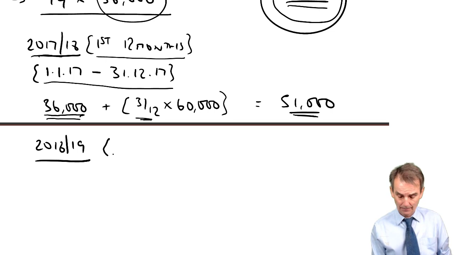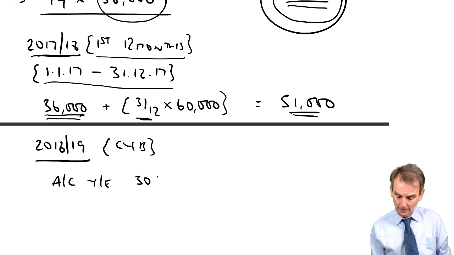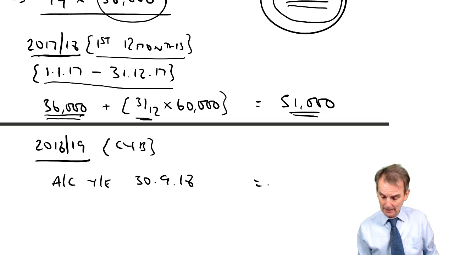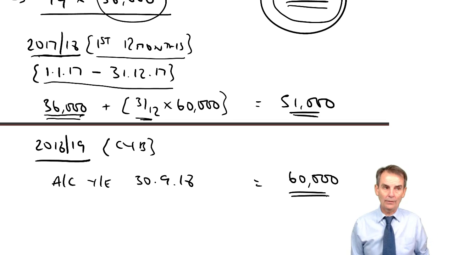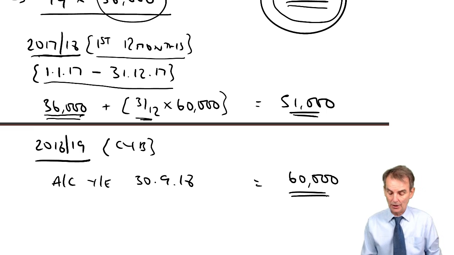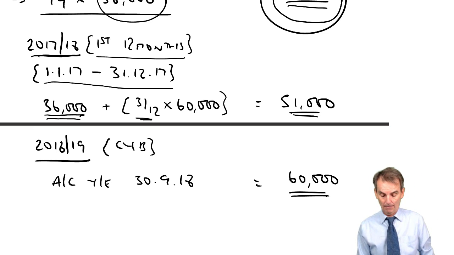Answer, yeah, we do. Therefore, current year basis applies, it being the accounting year ended the 30th of September 2018, for which we had a tax-adjusted trading profit of £60,000.